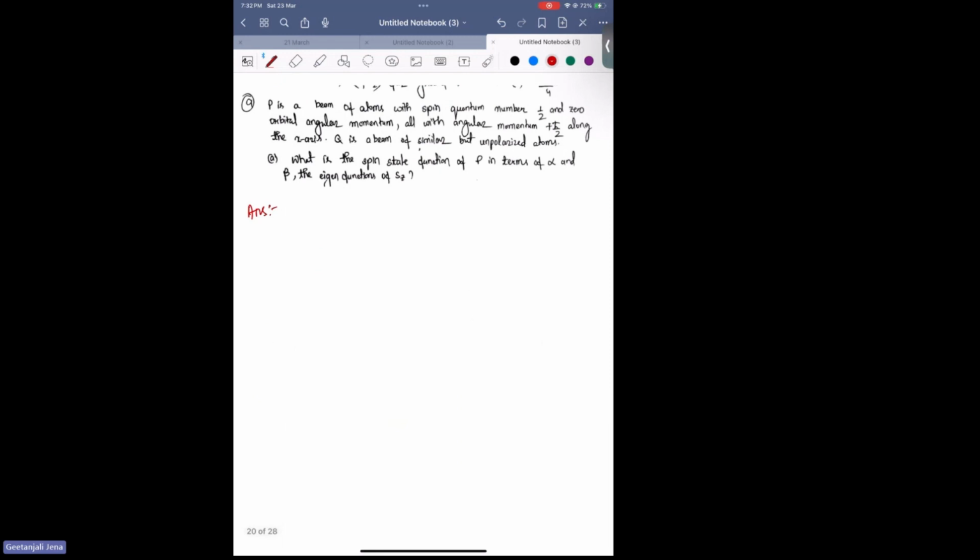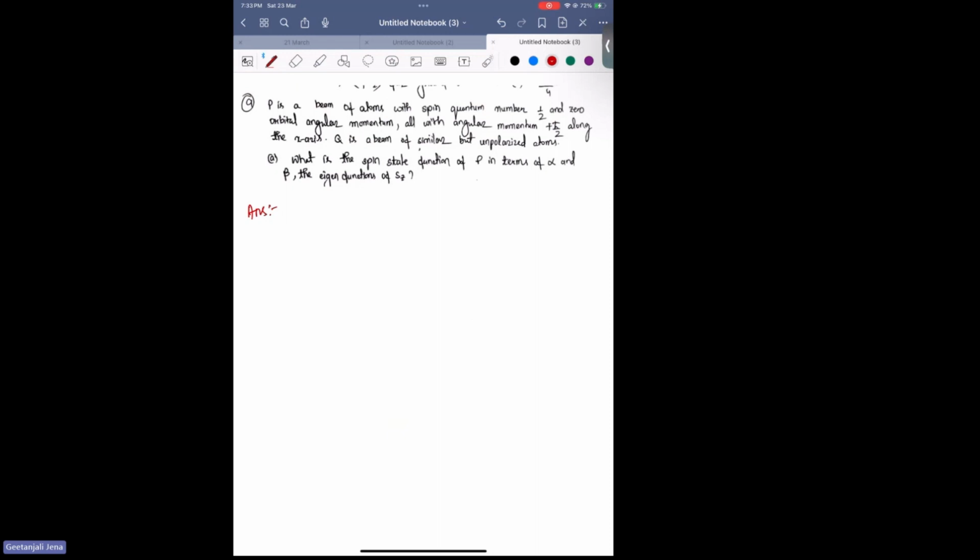Let us move to the next problem. So go through the question once. It is based on the Stern-Gerlach experiment. Let me read out the question for you.